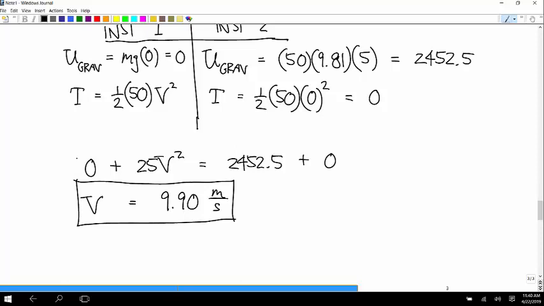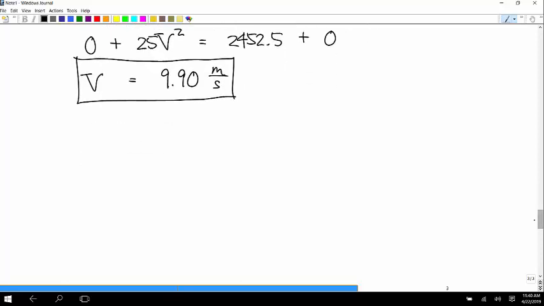Any questions about part A? Okay, so now we'll go on to part B. For part B, there's friction. And so since friction does work, we're going to use the general form. We're going to use the work energy principle.